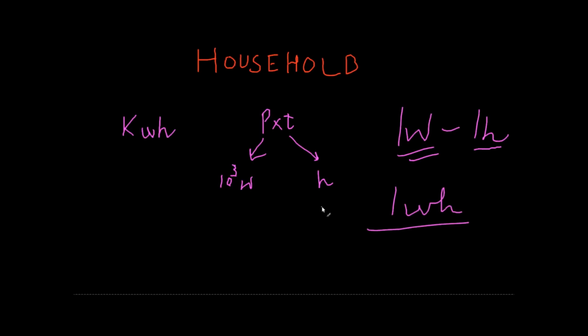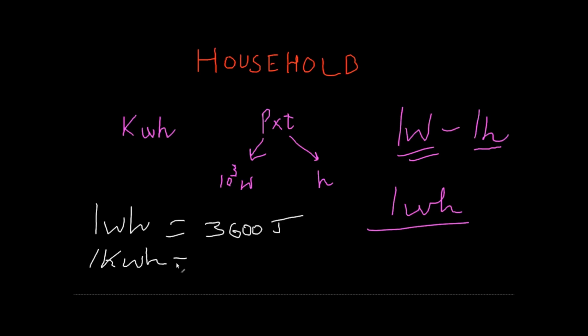And if you see, your book has conversions. It says that 1 watt hour is equal to 3600 joules, and 1 kilowatt hour is equal to 3.6 into 10 power 6 joules.